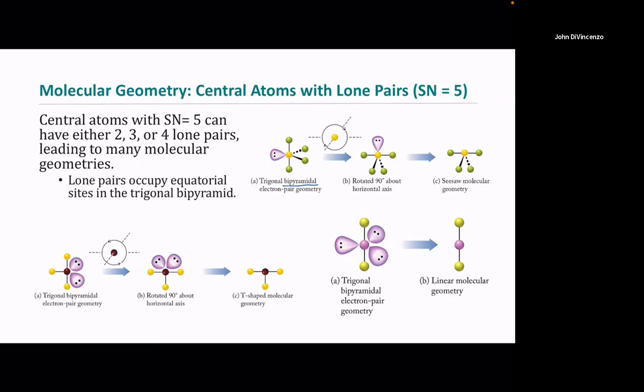You might ask, well, which one do you take off? It doesn't matter. It's completely symmetrical, right? Take any one you want off. It doesn't matter. The shape winds up being the same.